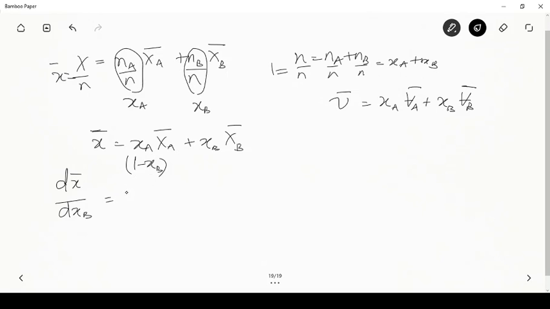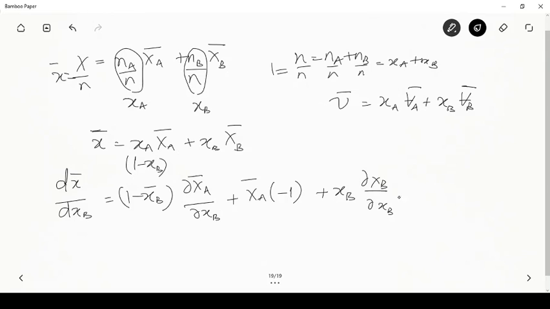So if I differentiate with respect to this, I'll get terms which look like (1 minus Xb) into del Xa by del Xb, plus the second term Xa bar into minus 1, plus similarly in this one I'll get Xb into del Xb bar by del Xb, plus Xb bar.